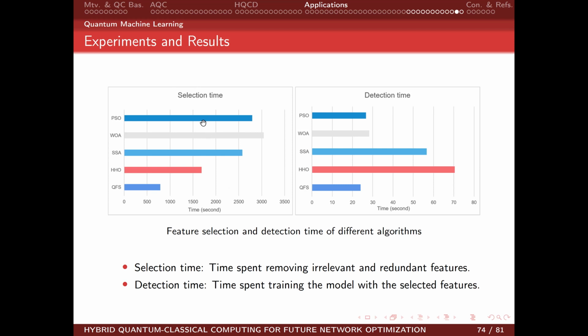We can see that compared to the other four algorithms, our quantum feature selection only consumes around 700 seconds. And after we use the features we obtained to train the classification model, the classification model only needs 25 seconds to solve the problem and give us the result.